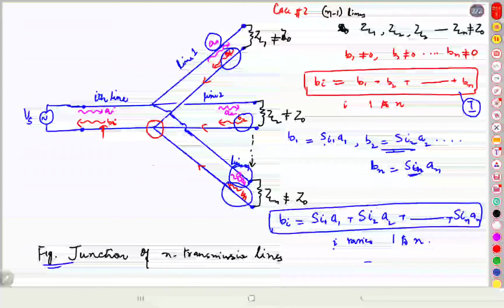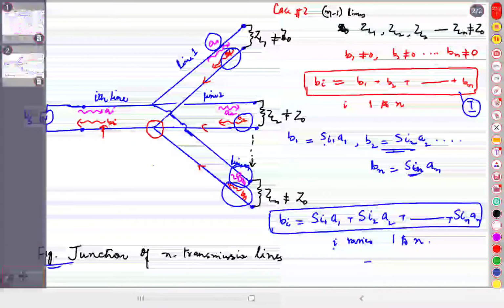So let me move to another page. Let me write the equation that we obtained: Bi is equal to Si1 A1 plus Si2 A2 plus Si3 A3 plus so on up to Sin An.